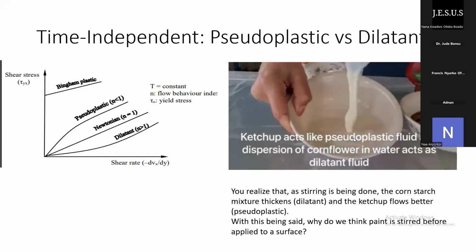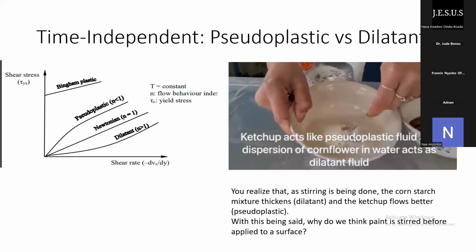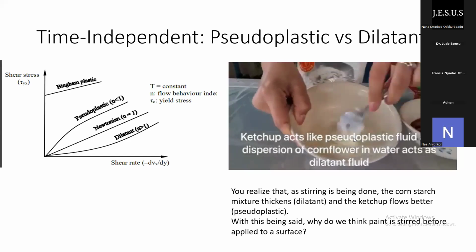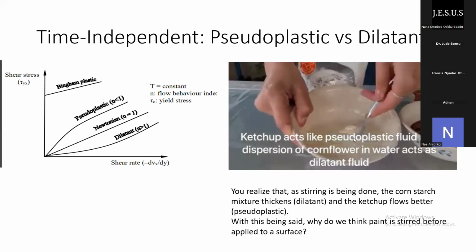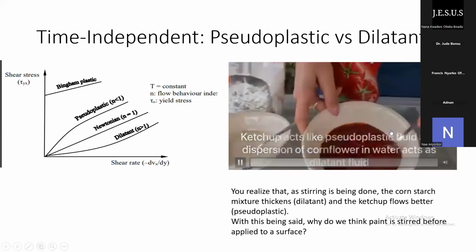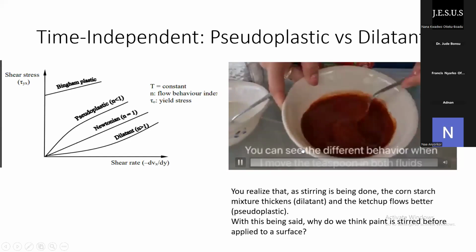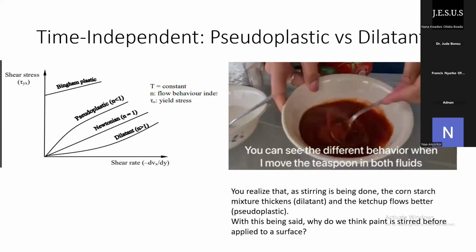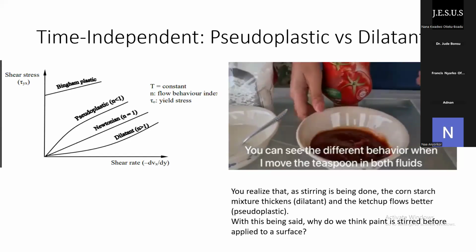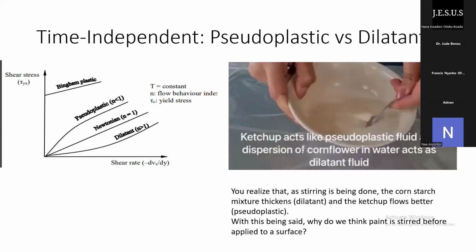You realize that the more you stir, the thicker it becomes. And if you can't relate to any of this, this video is there to help you. We will send you the slides so you can watch them carefully. The more you stir the solution, the thicker it becomes.